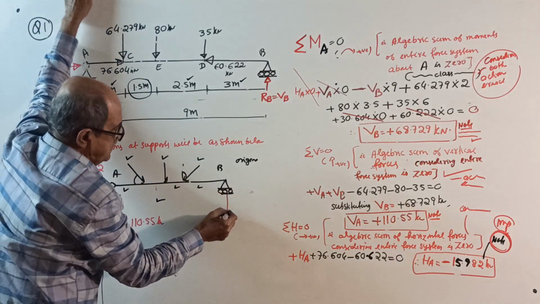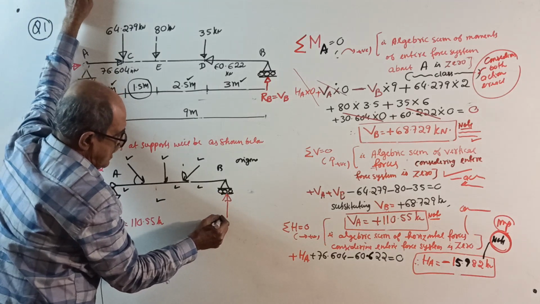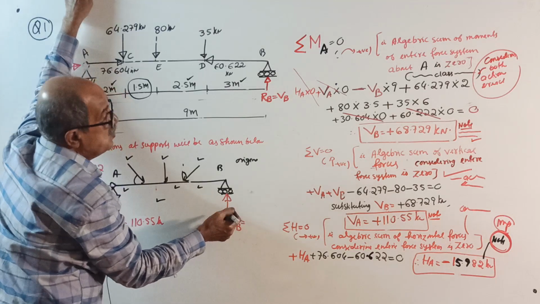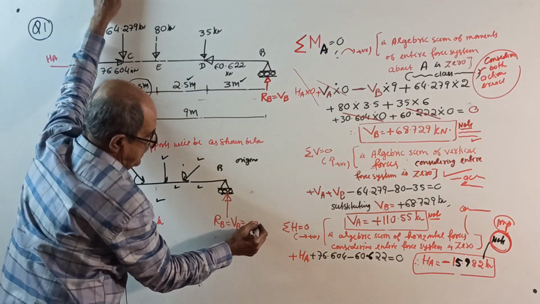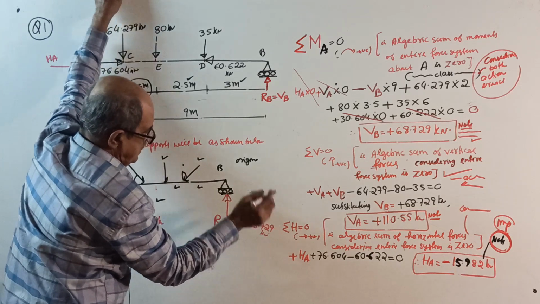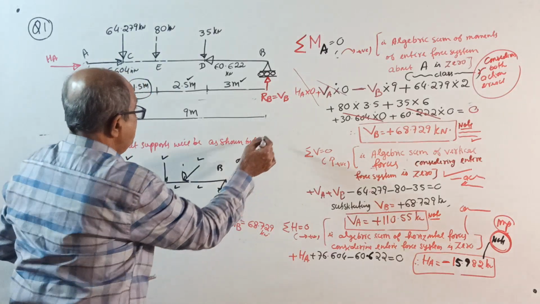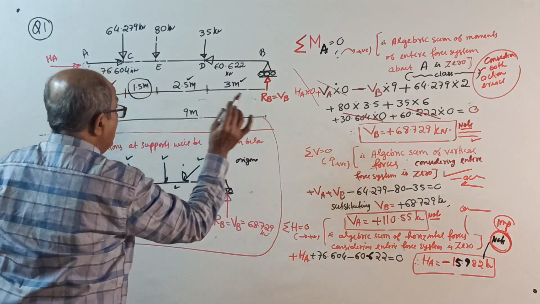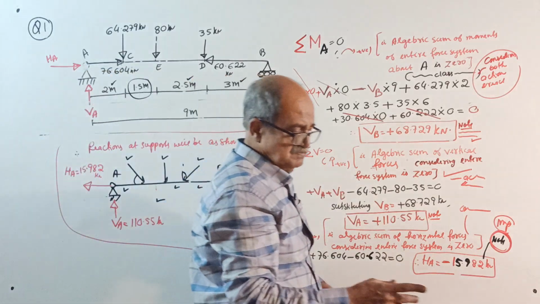And vertical reaction here, we took RB, which is actually VB, equal to 68.729 kilonewton. Okay, make this entry. This is the final answer for this question, but still not over, incomplete. I will tell you why.